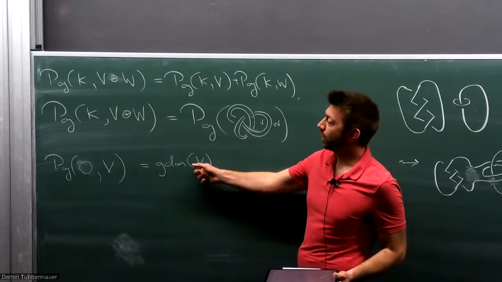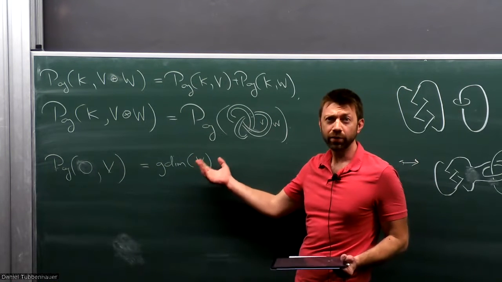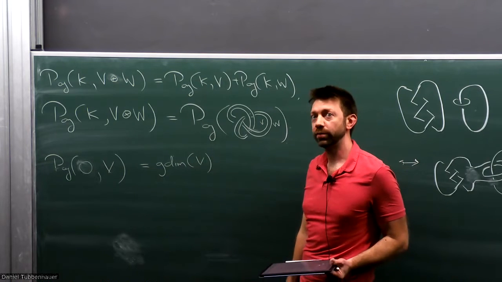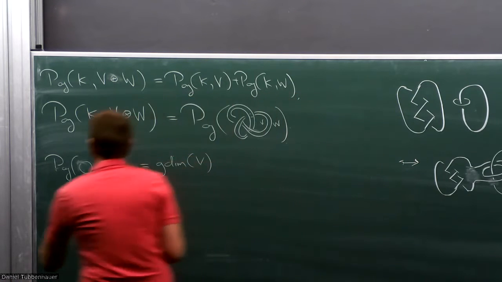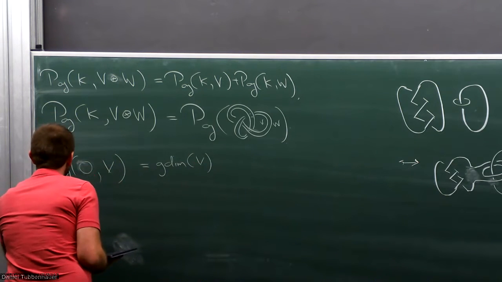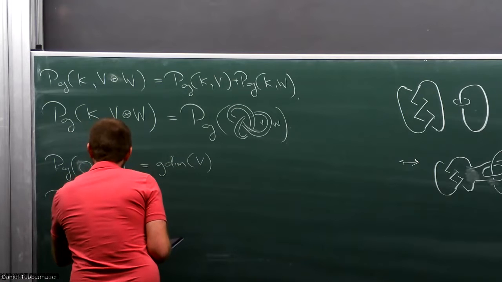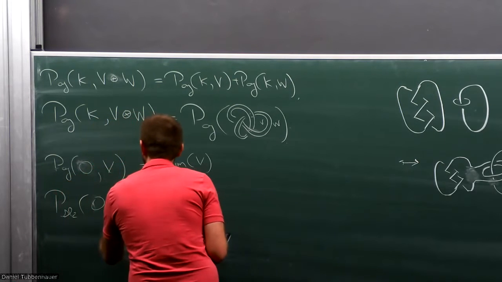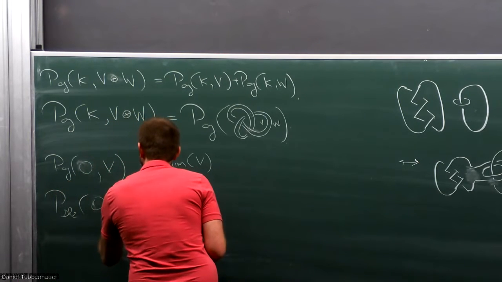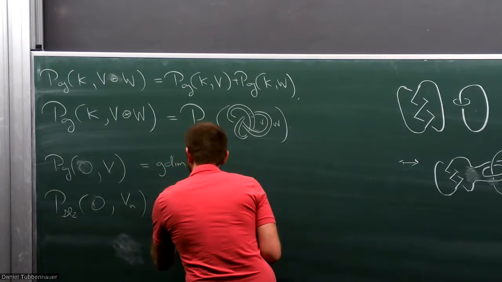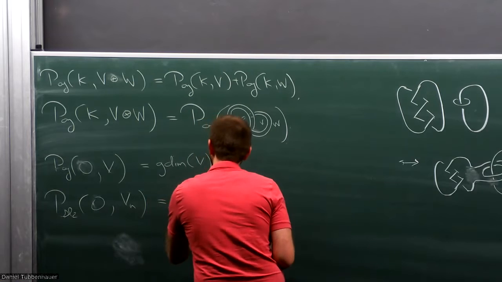V should really be thought of as a representation of the quantum group, and this is the dimension of that quantum group representation. So for example, for sl2, if your representation is the irreducible representation of highest weight n, then its quantum dimension will be the quantum integer n+1.